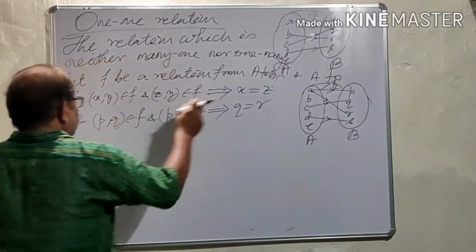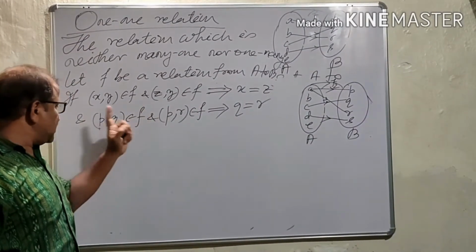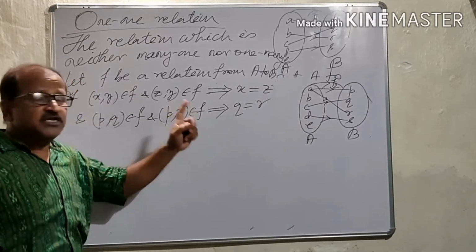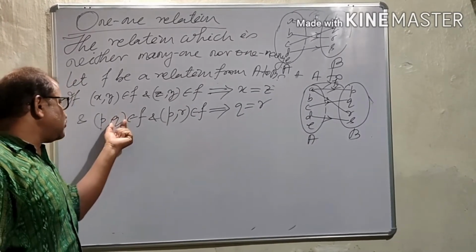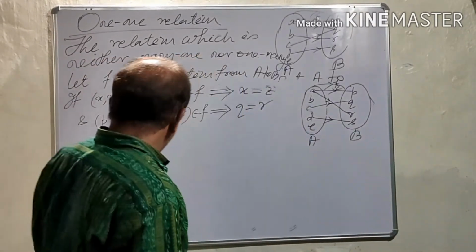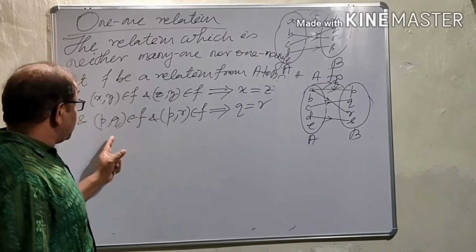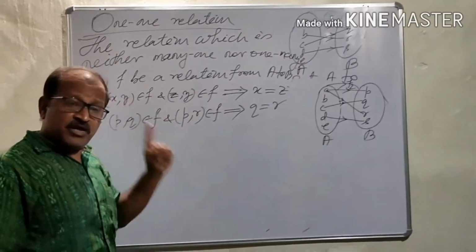Similarly, if (p, q) belongs to F, p is related to q, and p is also related to r, that means one element, that is p, is related to more than one element of B. So it will be one-many. If this case happens, it will be one-many.